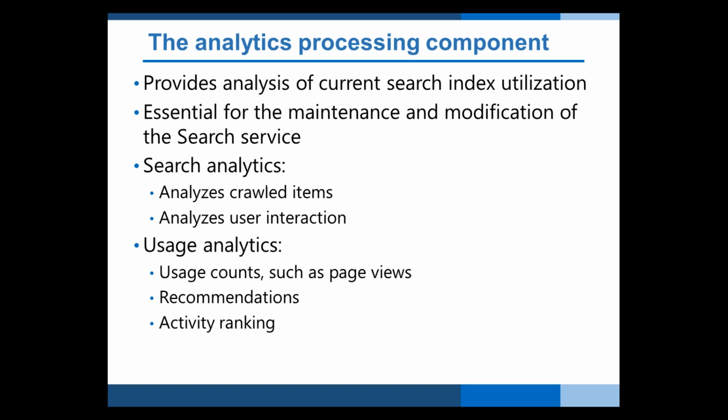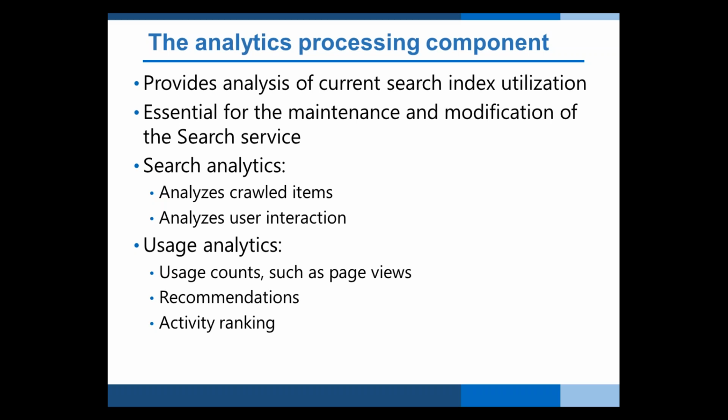Now, when we talk about the analysis of our statistics or the analytics component, what we're really doing is we're analyzing who's using these items. Now, what's an item? An item in SharePoint search is anything that was crawled. It can be a web page, a document, an item in a list. All of these can be indexed.